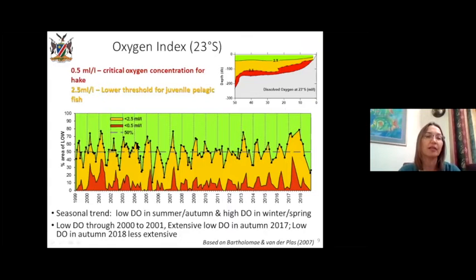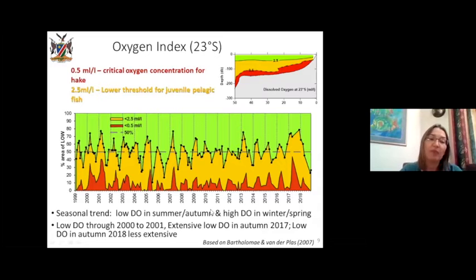For instance, here in the red, it's 0.5, which has been shown as physiologically the critical oxygen concentration for hake. Whereas the yellow area is the lower threshold, 2.5 milliliters per liter oxygen, that we find for some juvenile pelagic fish species such as sardine.